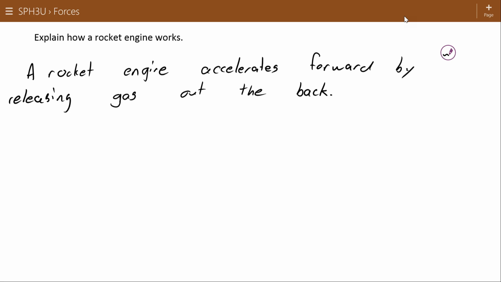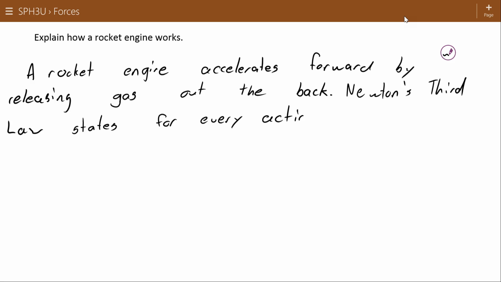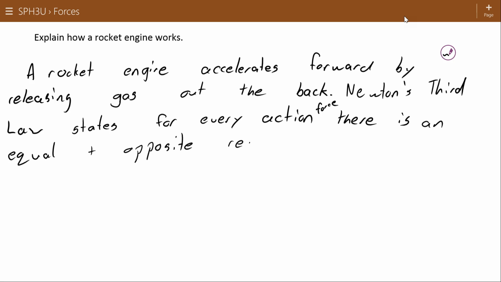So here in Newton's third law, Newton's third law states that for every action force there's an equal and opposite reaction force.